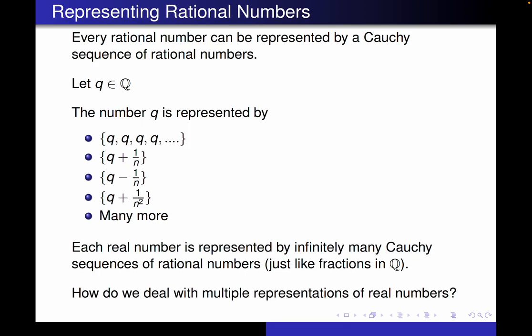So the question is, how do we deal with multiple representations of real numbers? And I'm asking that like it's a question that we've never answered before. We've answered it before with integers. We've answered it before with rational numbers. And that is with dealing with equivalent representations. And that is really talking about equivalence relations. So we're going to talk about equivalence relations, not in this video. I'm running out of time, but it will be in the next video.